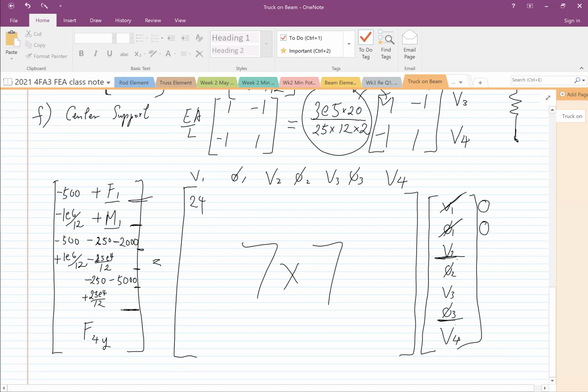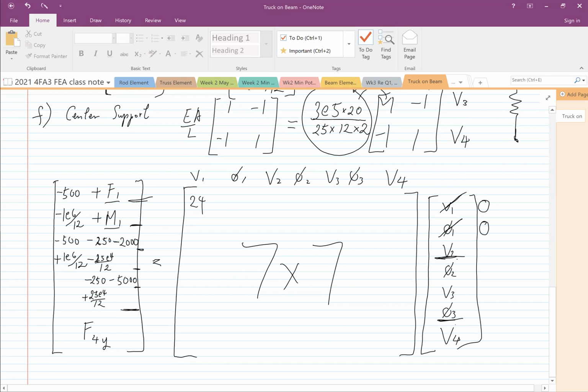However, what about phi 3? It's going to be 0. Why is it 0 though? Because it's not attached to something, right? No, that's not the right answer. Because it's supported by that bottom beam, so it can't twist? No, it's not the right answer.